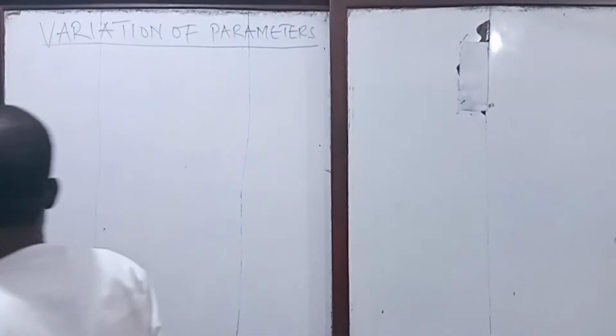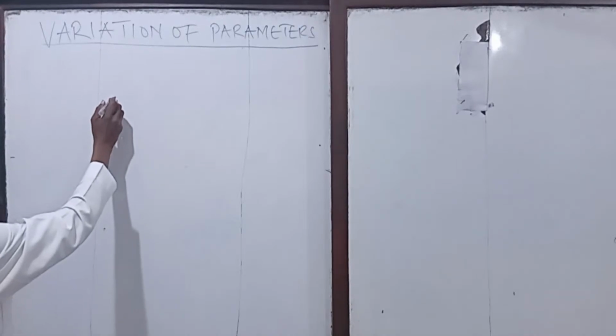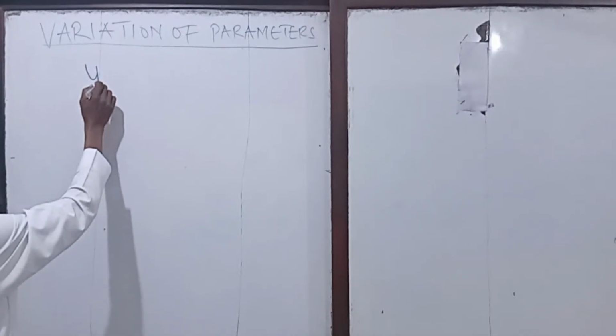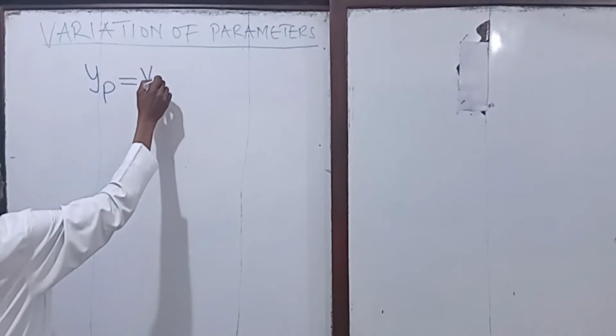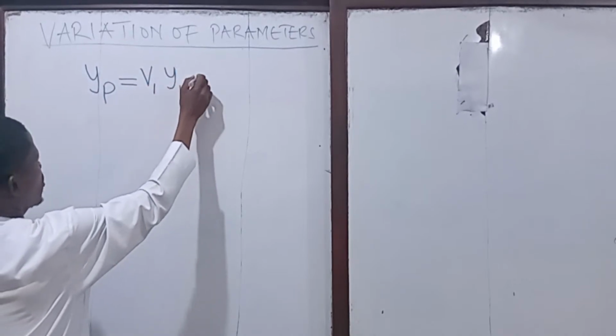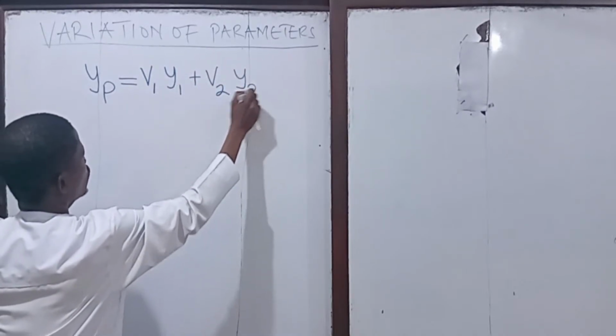What is the formula? The thing you have to note is that when you have a non-homogeneous differential equation, you need to get the particular solution. And the particular solution is v1 times y1 plus v2 times y2.